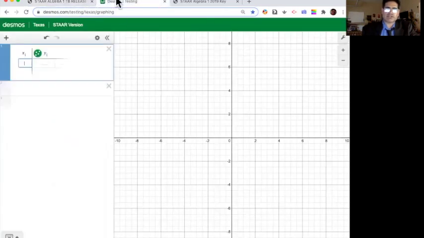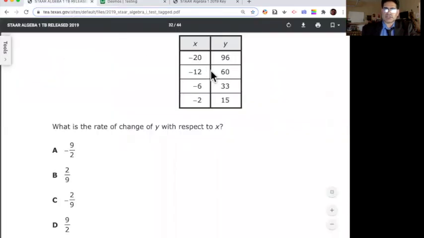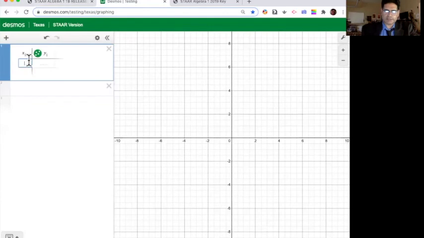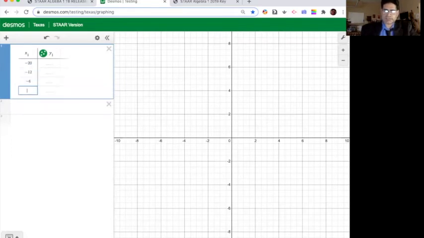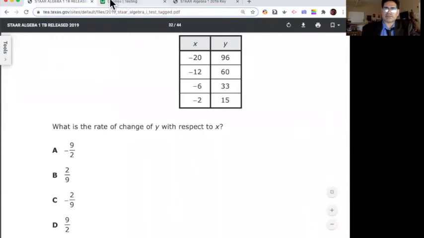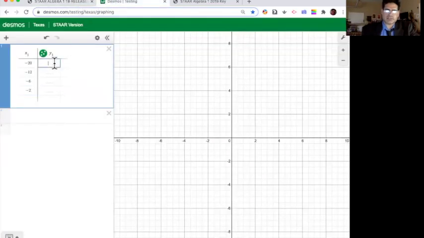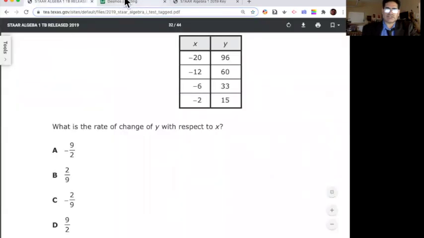Plus, create a table: negative 20, negative 12, negative 6, negative 2. Let me double check those. And then I have 96, 60, 33, and 15.